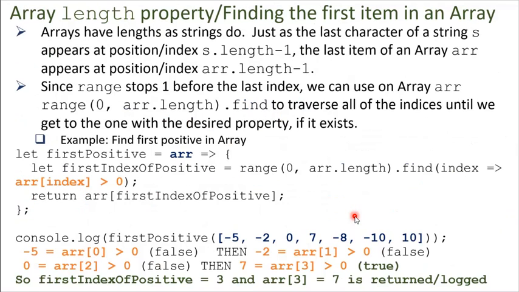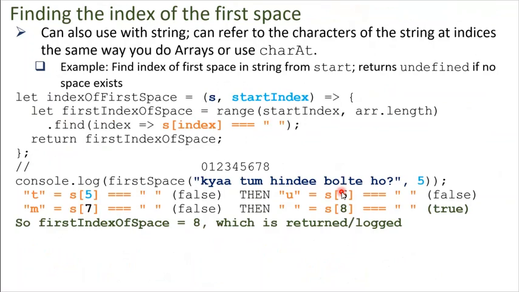So again, here we stored the answer, really the index where it occurred, in first index of positive, and the array was ARR, so we returned ARR of first index of positive. Whereas for the string example, we just wanted the index, so we just returned the variable that was storing what find gave us back, right? First index of space.